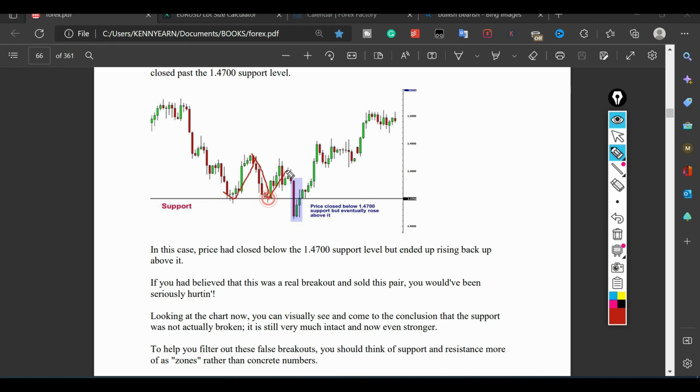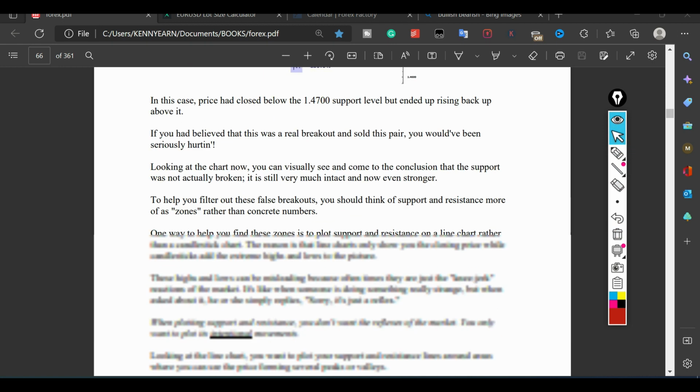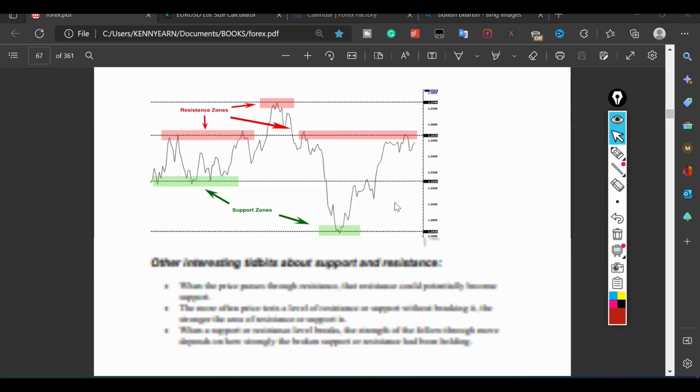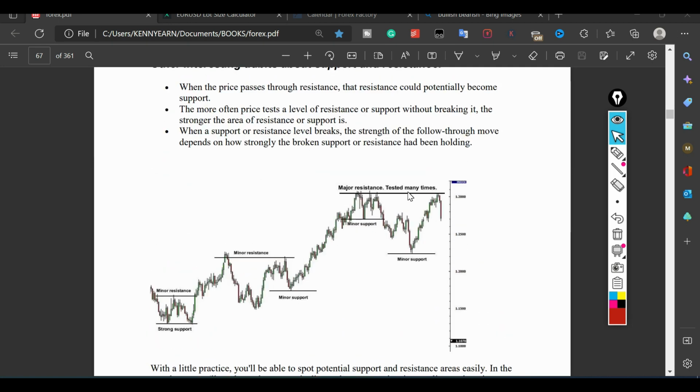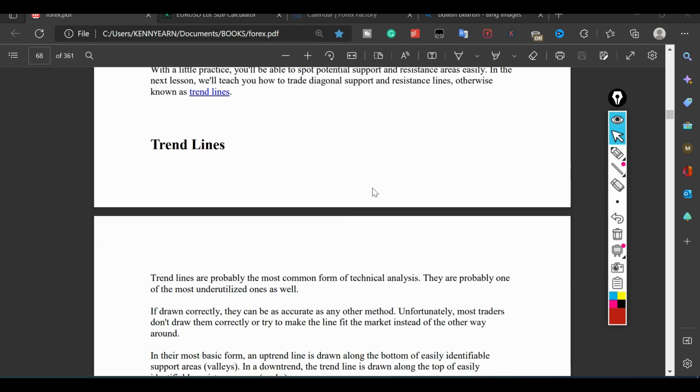Like here, the market came down, bounces up, came again, bounces up. You can call that a support, but you can see the market went through it now and reversed. But support and resistance levels are levels where the market keeps on respecting that particular area for like 2 or 3 times before it goes through it. That's how we come about support and resistance.